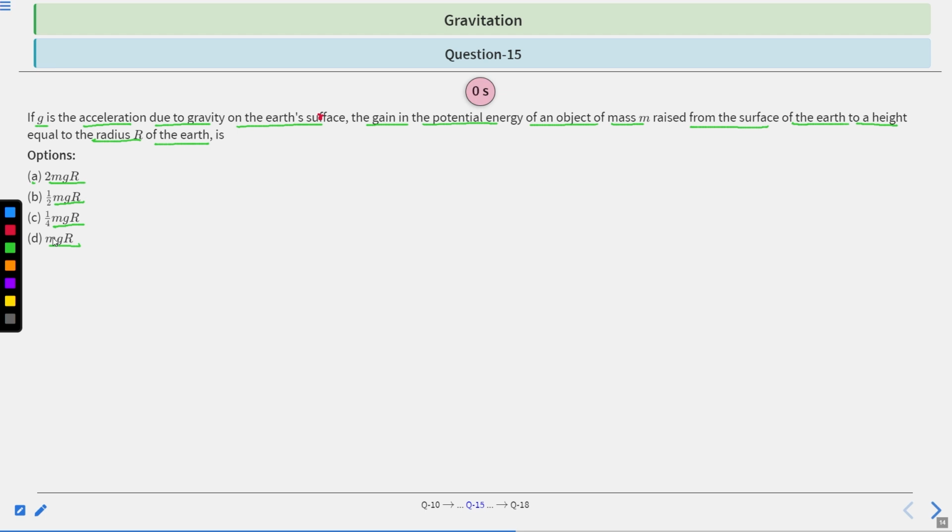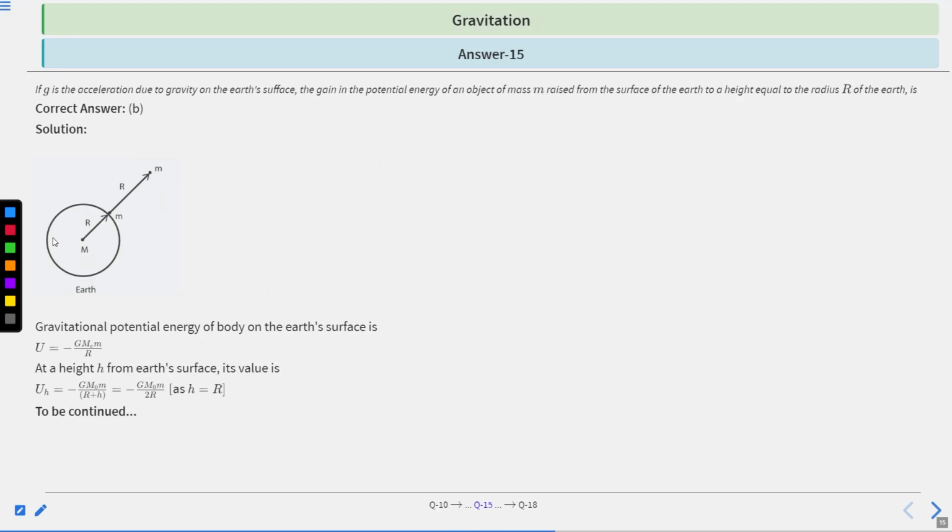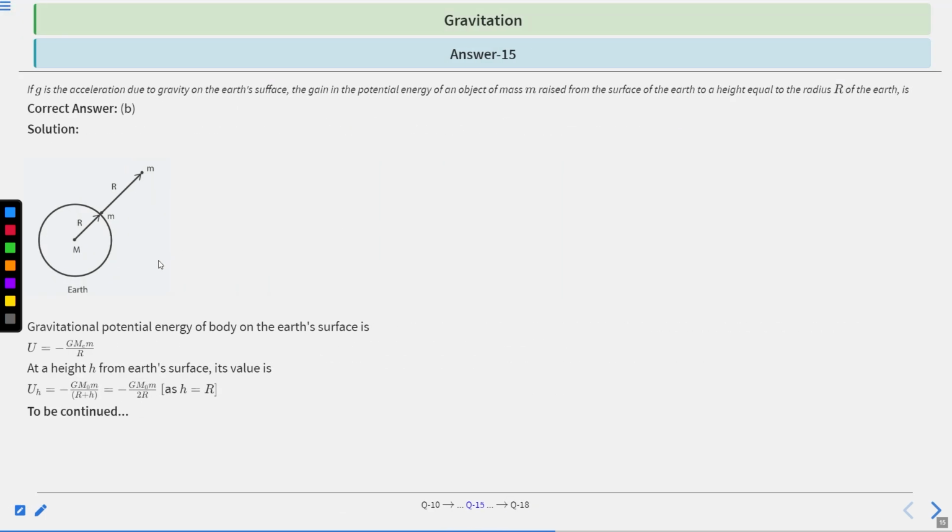Let's find a solution. So suppose this is the earth, and the question asks, where g is acceleration due to gravity on the earth's surface, the gain in the potential energy of an object of mass m raised from the surface of the earth to a height equal to radius r of the earth.